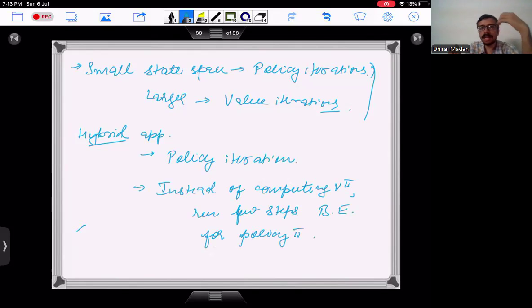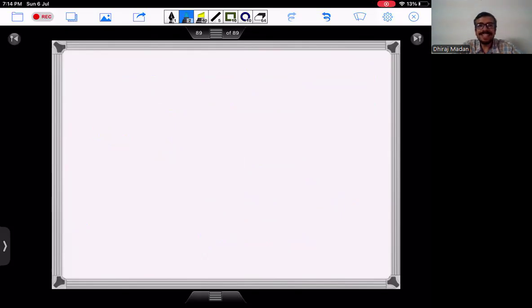And if you only update the policy for a few states, then you may not need to do those iterations for computing v pi for all the states. You can only look at some of the states. So there are some of these hybrid approaches as well. I'm not going to go into too much detail, but I just wanted to give you a hint at that. Okay, now that completes the basics of Markov decision processes.